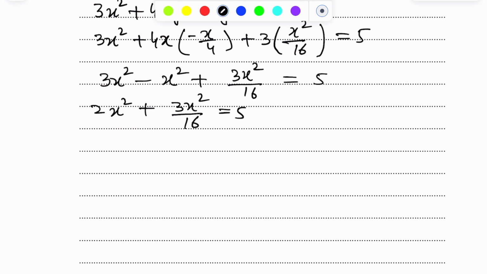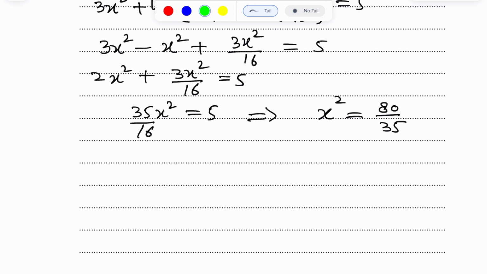Now taking the LCM, 16 times 2 is 32, so 32x square plus 3x square, that is 35x square. This becomes 35x square over 16 is equal to 5. From here, x square is equal to 80 over 35.